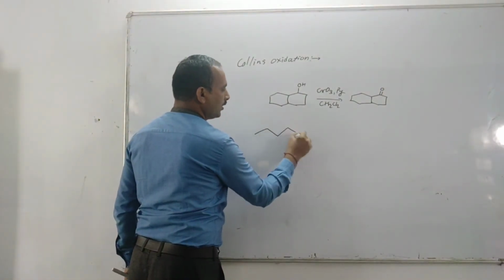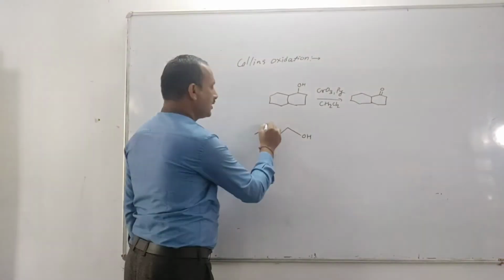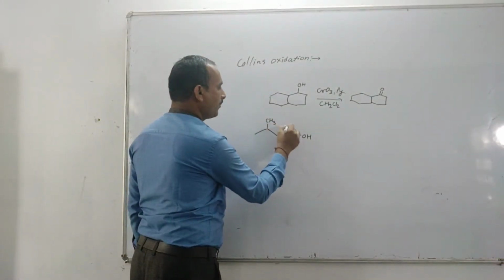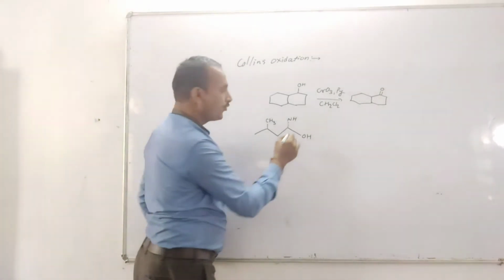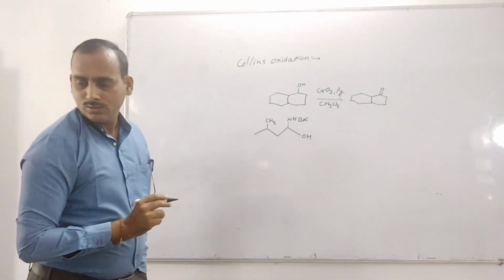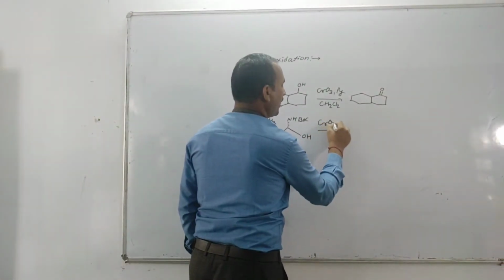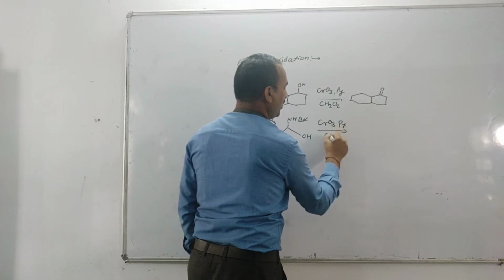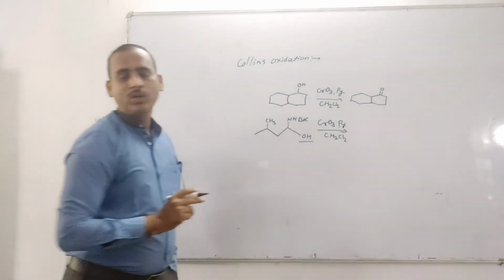CH3 OH, CH3 NH Boc. Okay, by using chromium trioxide and pyridine in CH2Cl2. Now this is a primary alcohol.